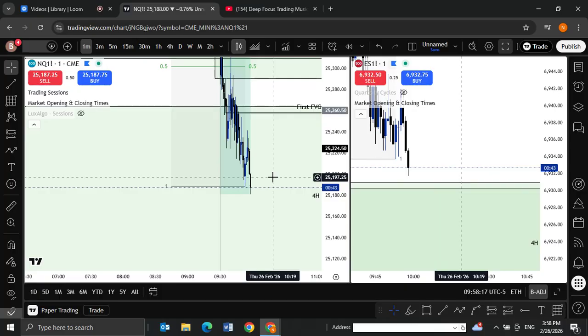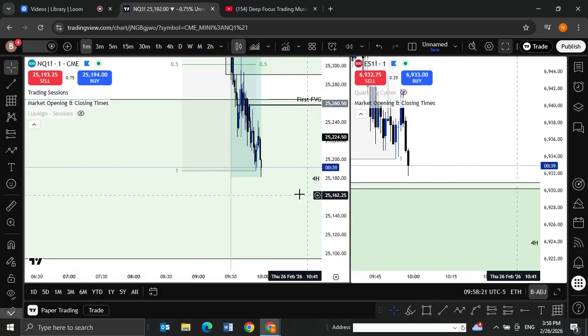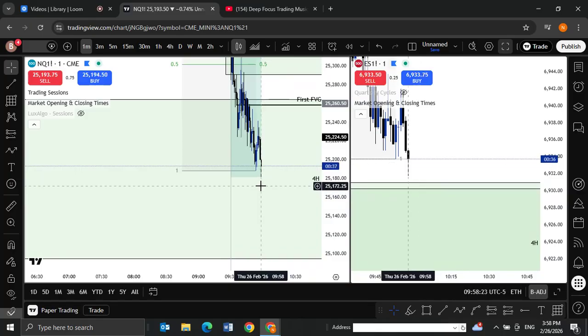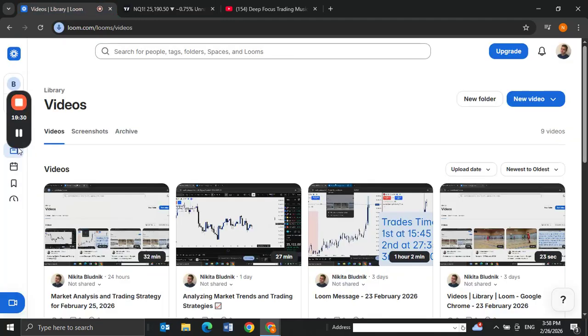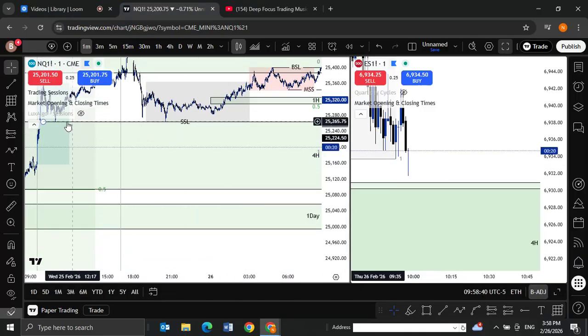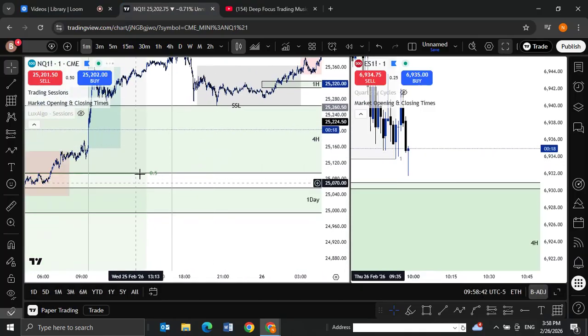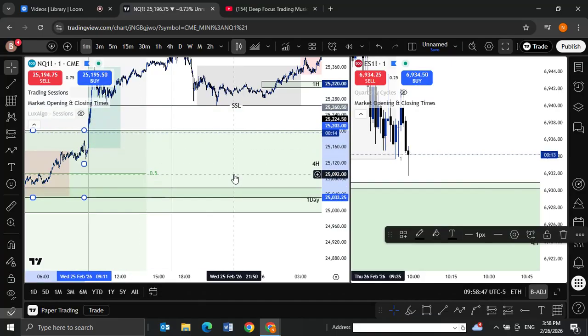Do I want to short this after this is delivered? Hard to say. That's extremely hard to say for one simple reason: how large is this 4 hour time frame fair value gap. I know that I have discount here, but I don't really expect price coming back there.